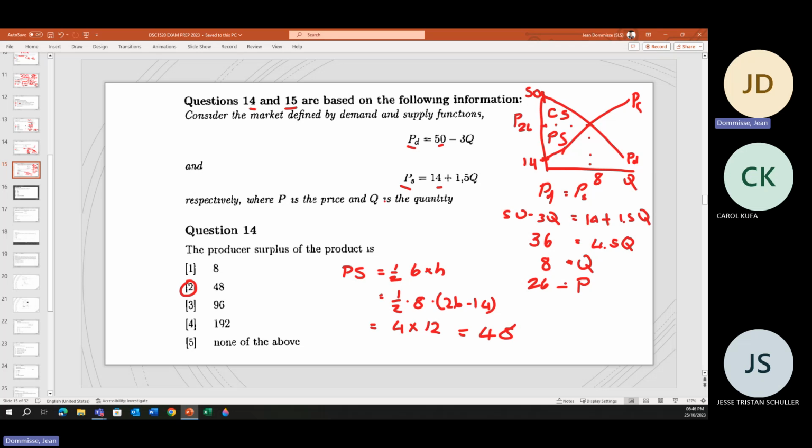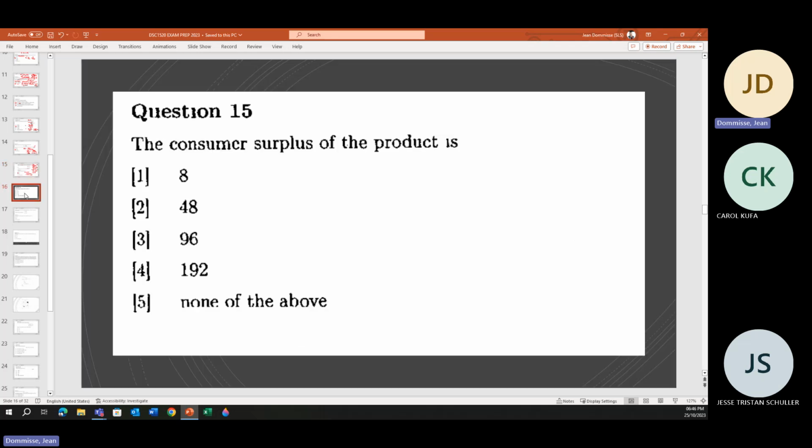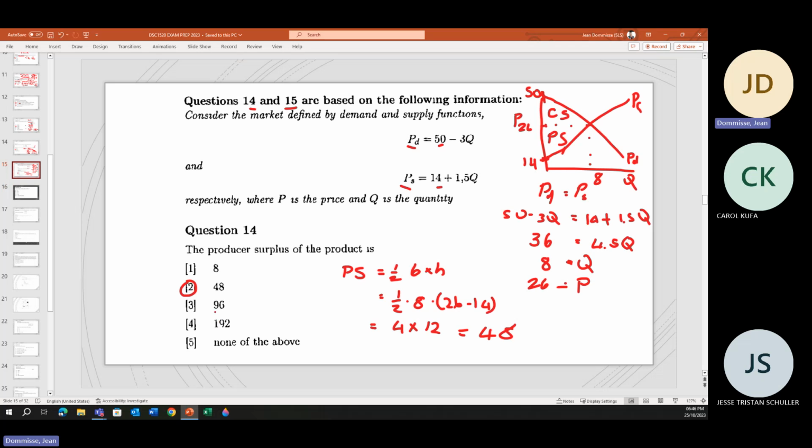Let's look at the consumer surplus because that was now the next question. So again, get the same options as the previous one.